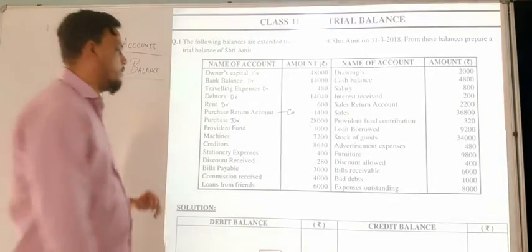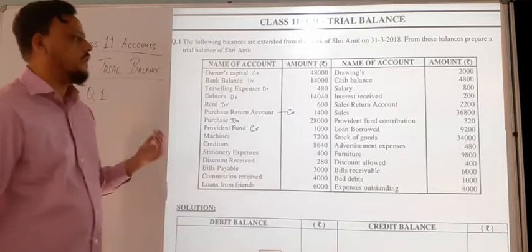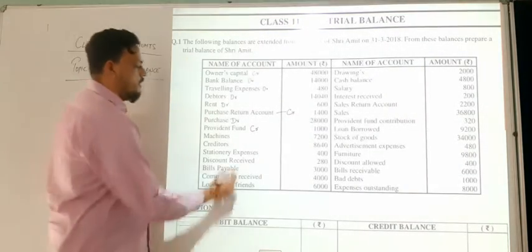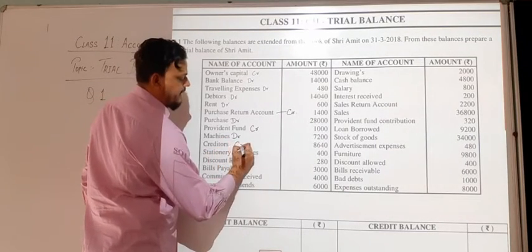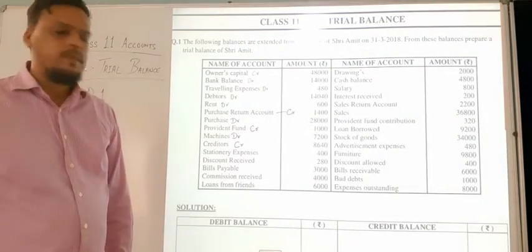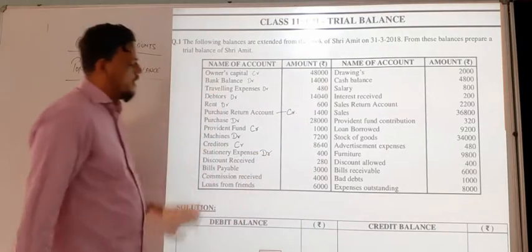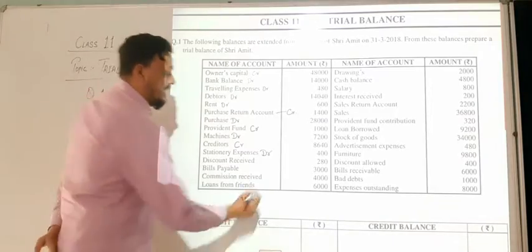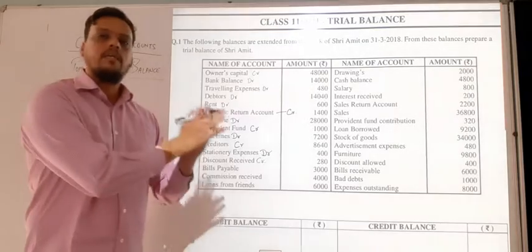Provident fund is ultimately a credit part, but if the word contribution comes, then it is debit. Machinery, debit. Creditors, credit. Sundry expenses, also a debit. Discount received: if you receive, then it is credit, and if you give, then it is debit.